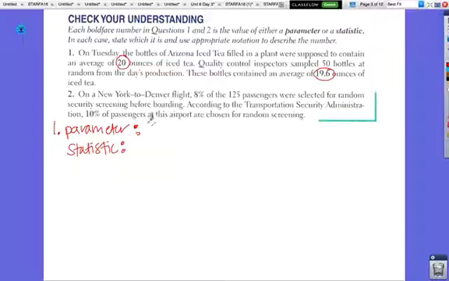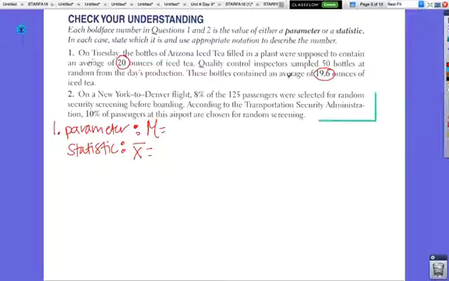The mean of a population is mu. The mean of a sample is x bar. So mu is for population and parameter, and x bar is for statistic and sample.